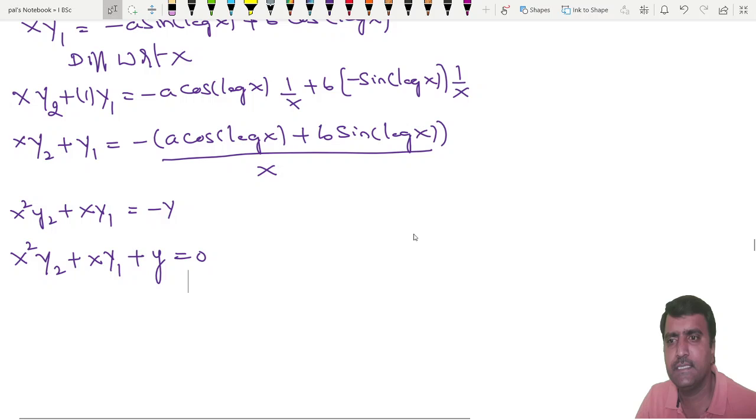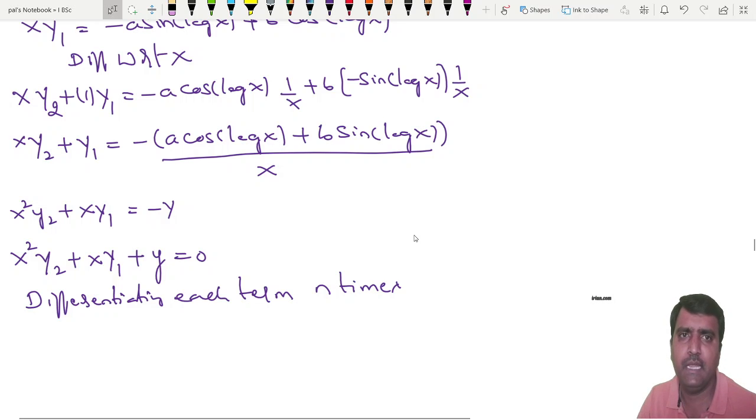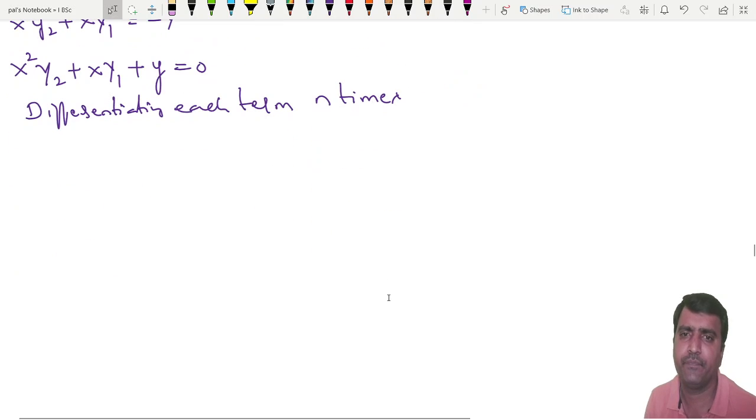After obtaining the second derivative of this given function, now we differentiate this n times, differentiating each term n times, and we use the Leibniz theorem.